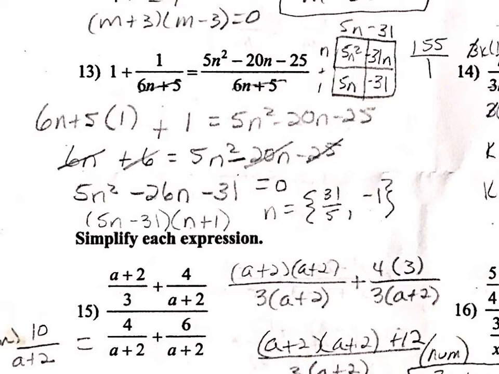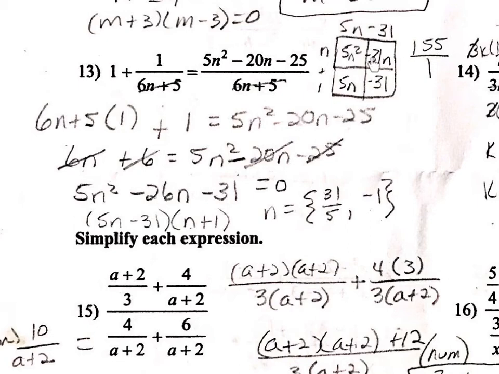All right, so I put my 5n squared in this box. I put my minus 31 in this box. And then I multiply those two numbers together and I get negative 155. Then I'm looking for the factor pair that when I multiply them together, I get that product, but when I add them, I want this middle term of negative 26.